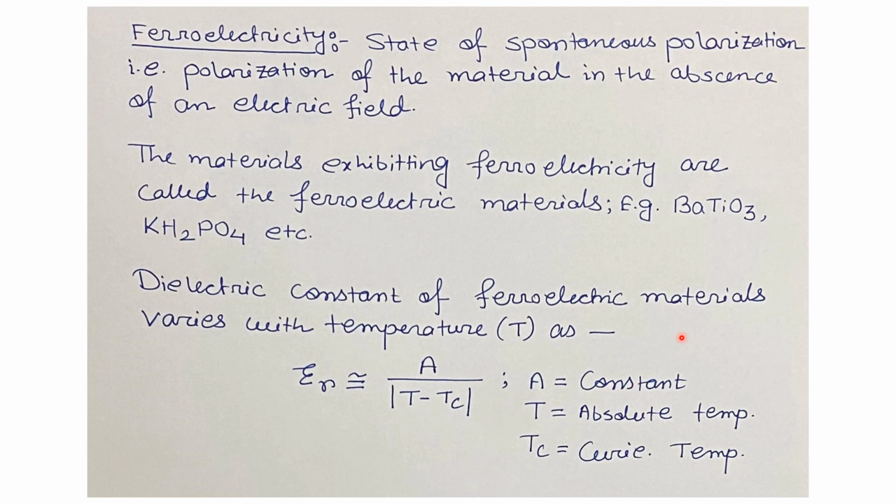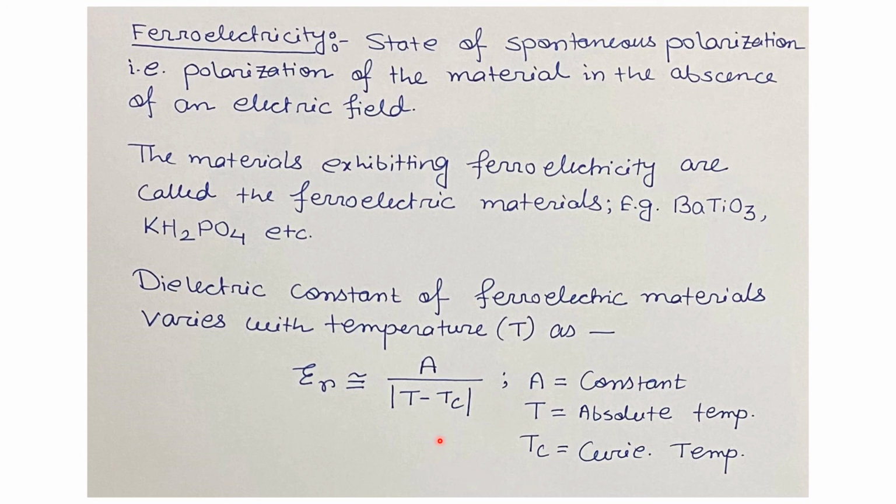Mathematically, the Curie law says the dielectric constant depends on the temperature in this way, that is A by mod of T minus Tc, where A is a constant, T is the absolute temperature, and Tc is the Curie temperature, which is also known as the phase transition temperature.